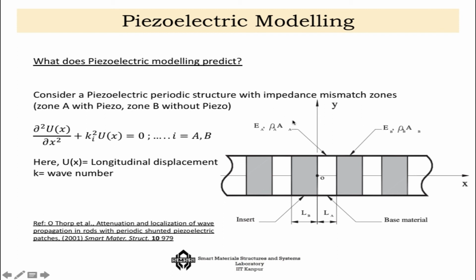So if we consider an actin to have this kind of patches of piezoelectric patch, then what will that motion predict?